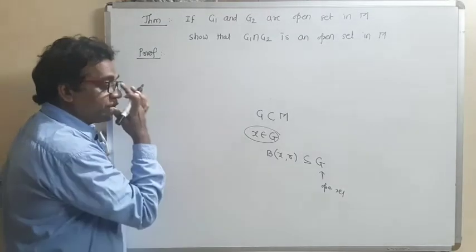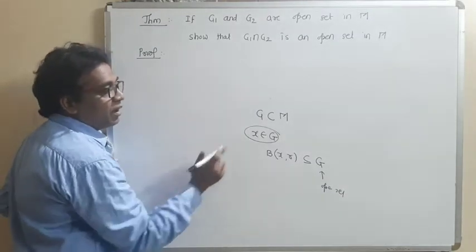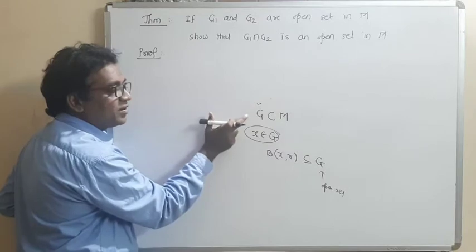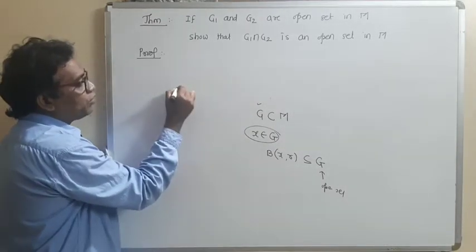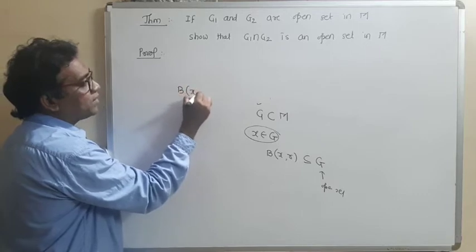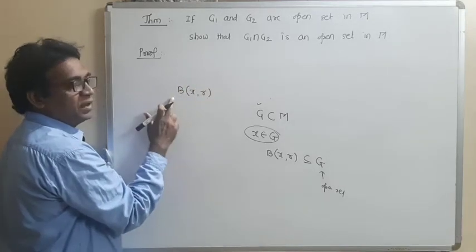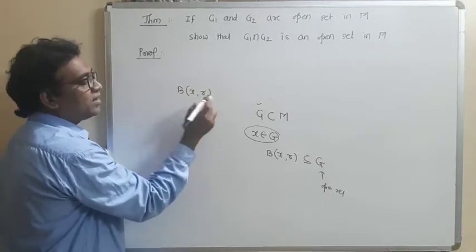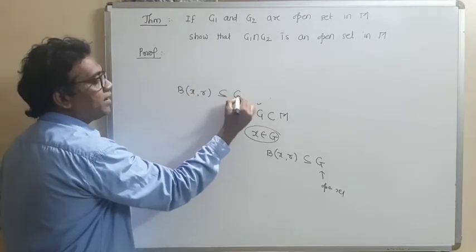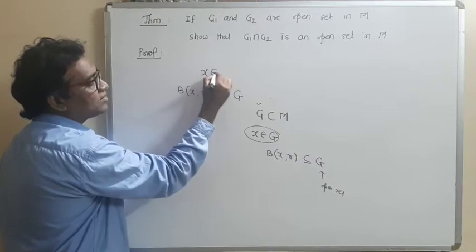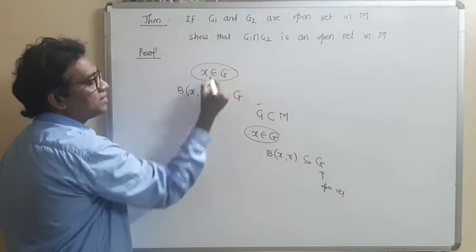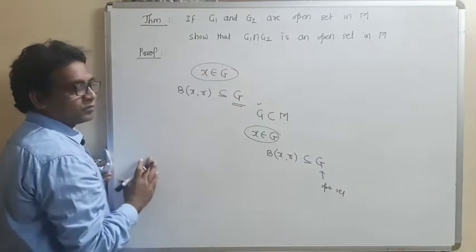So see what is the definition of open set. A subset G is said to be an open set if we can find some open sphere or open ball B with center at X and radius R which is contained in G, where X is every element of G. That is called the open set.